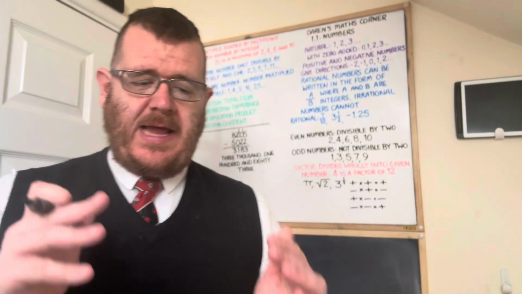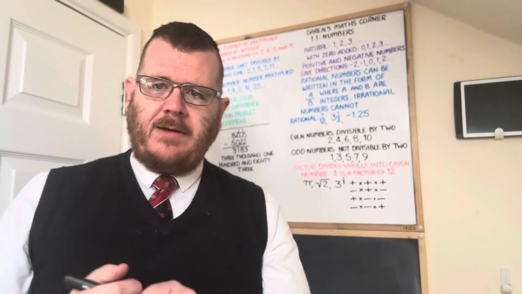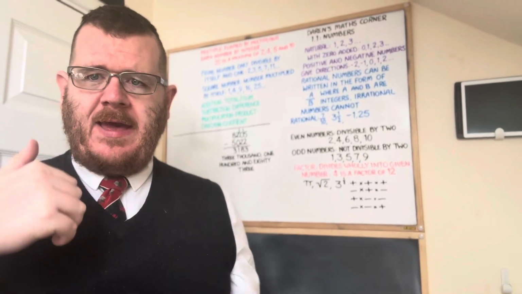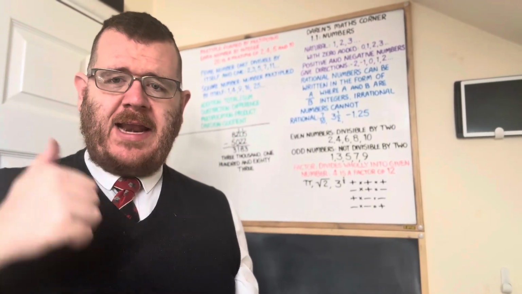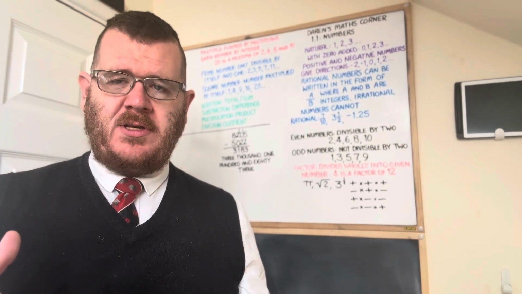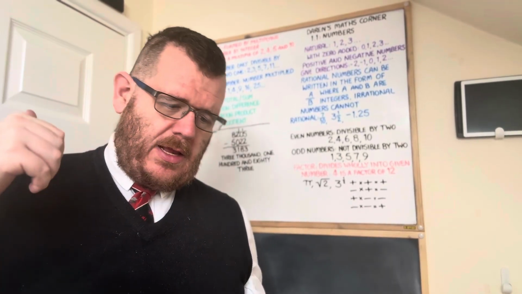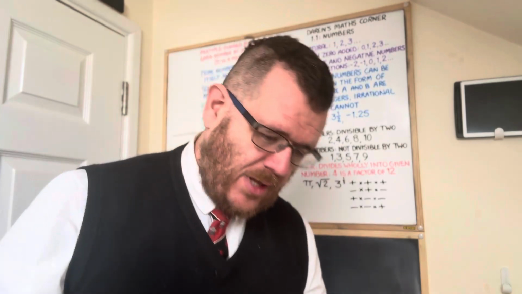And we then have: write down the nearest integer to each of the following numbers. Now, interestingly enough, when you round something, if it's less than 5, you round down. If it's 5 or more, you round up.